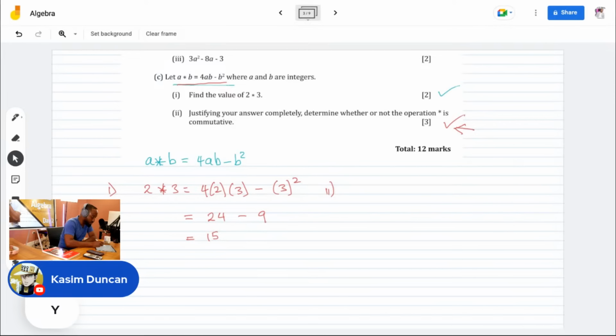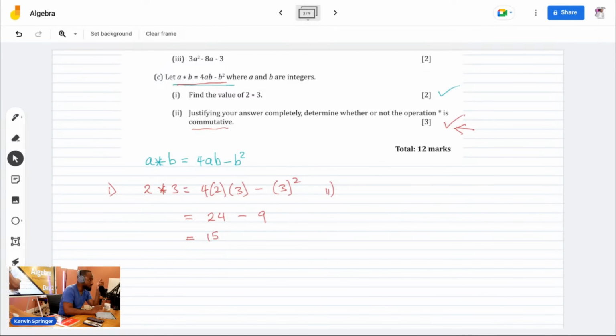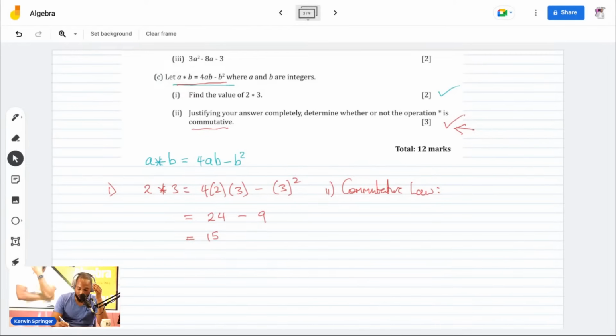You see how they're bringing in this word commutative? You all know the 3 main operative laws: associative law, commutative law, distributive law. This is how they bring in the commutative law. And the commutative law is an operation that can do this, that is commutative, if it could do that.